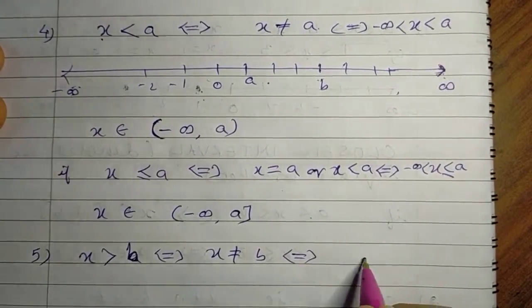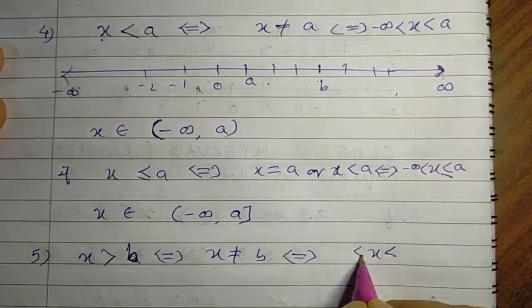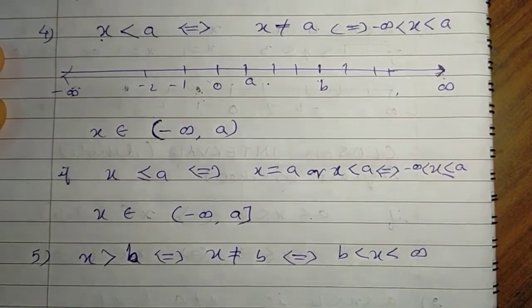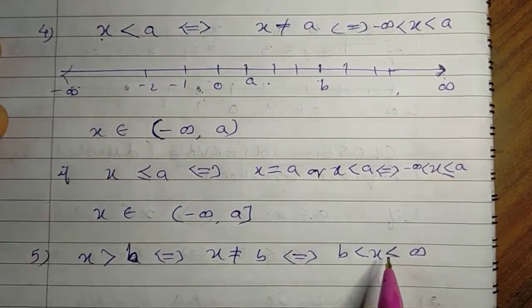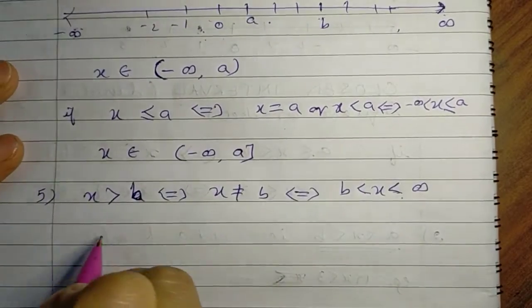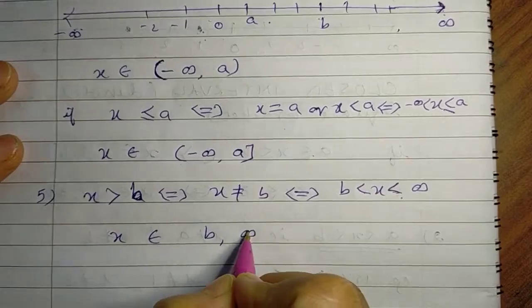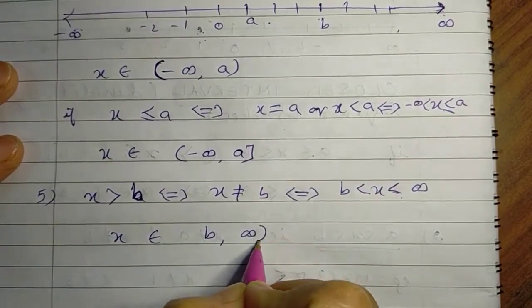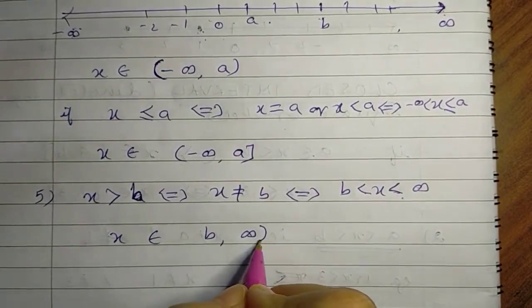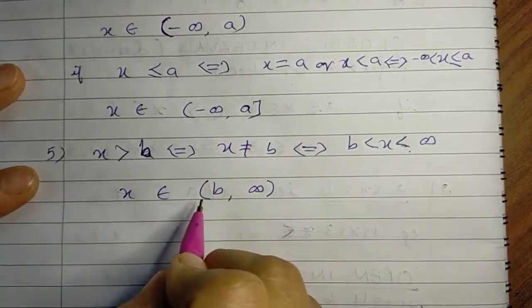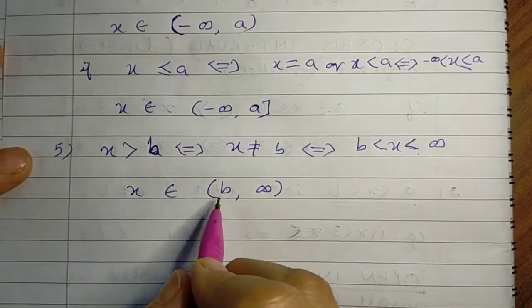So what we'll write is that x lies between b and infinity, and both are with strict inequalities, and we write it as x belongs to b comma infinity, and infinity will always be followed with a small bracket, whereas b may or may not be with a small bracket.